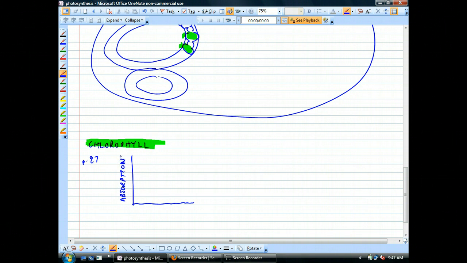How much light does it absorb? And it has the wavelength of the light. Down here is the violet, blue, green, yellow, orange, red. The absorption of chlorophyll is mostly like this.